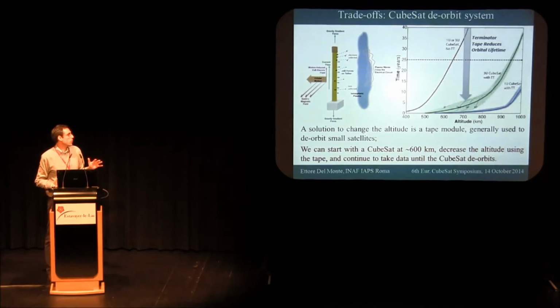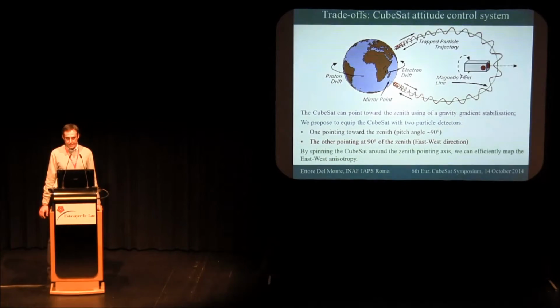I'm sorry, I have to hurry up because my time is running out. This is an example of how we can use the orbit tape in order to reduce the satellite orbit. The attitude control will be simple because we need a zenith pointing, and this can be accomplished using gravity gradient stabilization.